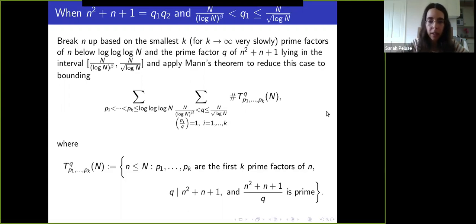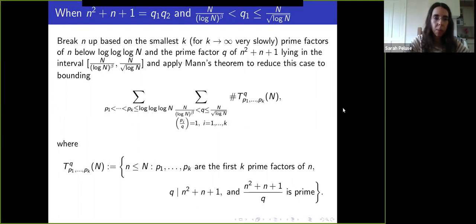So here I've just applied the union bound and used Mann's theorem to say we only need to sum over primes that satisfy this quadratic residue condition. What really remains is to bound the size of these sets I call T.